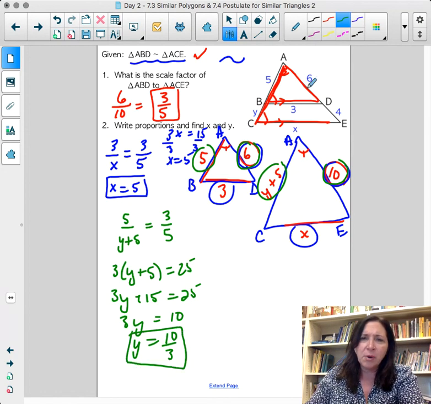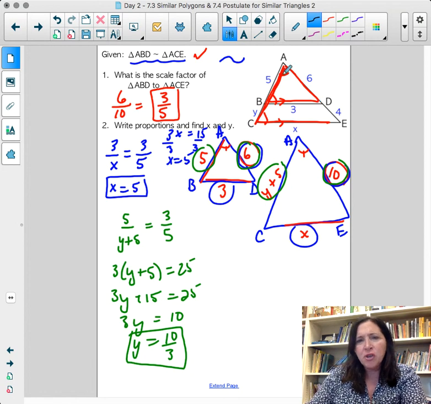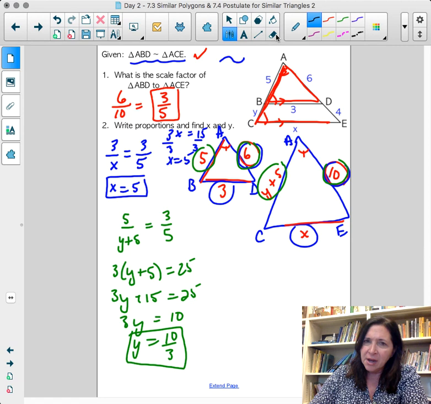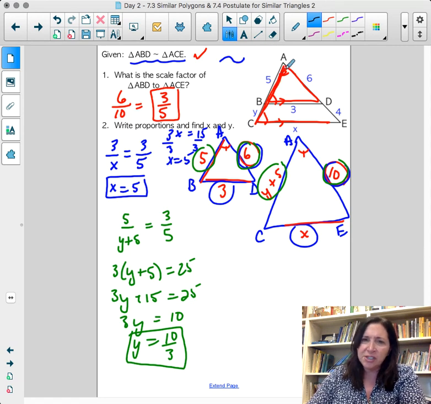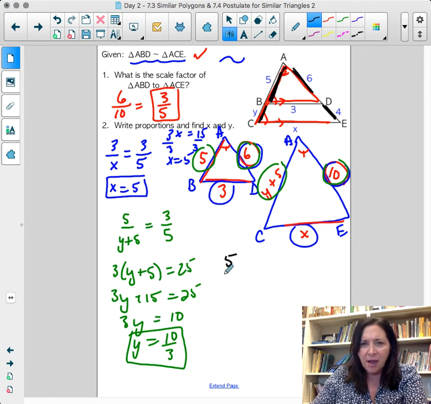Now, I do want to say that there is one other way, when you have a triangle where the triangles are on top of each other like this, that you can do this. This is not going to give you your scale factor, but you can use this as a ratio, and you can go this side is to this side as this side is to this side, and that's going to give me y, meaning I can go 5 is to y as 6 is to 4.